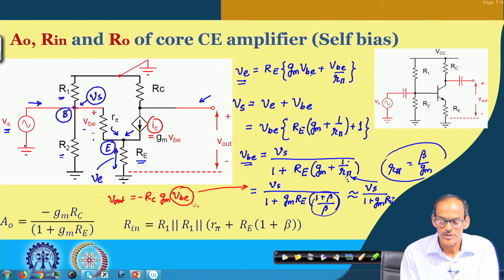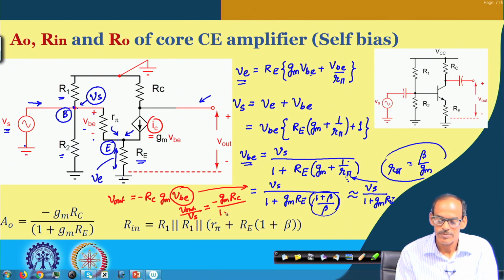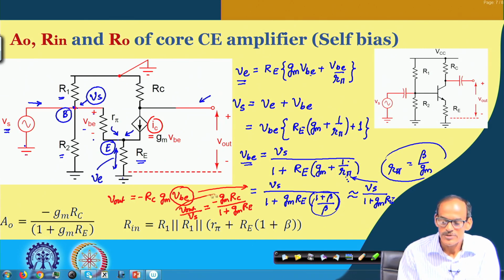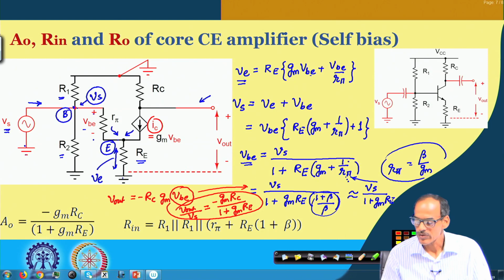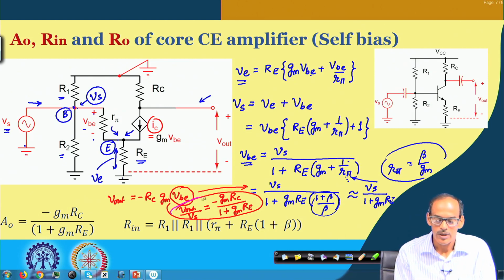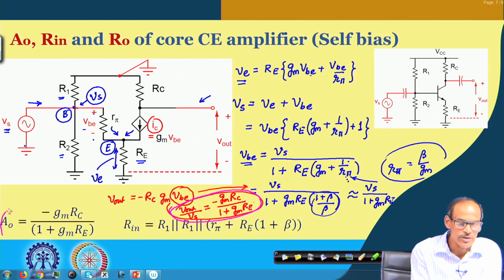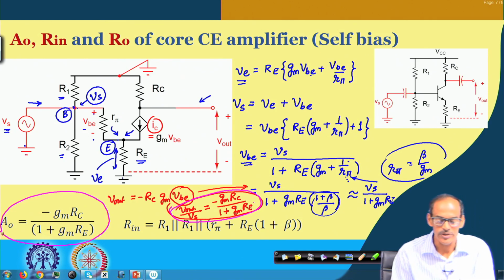So, that gives us Vout by Vs equals minus gm into RC divided by 1 plus gm into RE. Okay. So, that gives us the gain of the circuit, which means that the mid frequency gain is basically coming from here. So, that is what we have written here, the gain is given here.